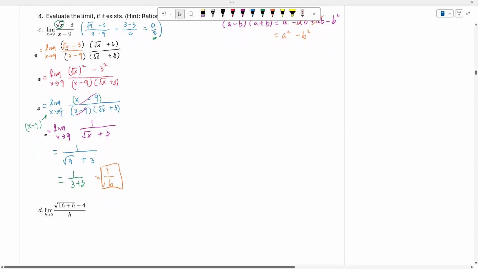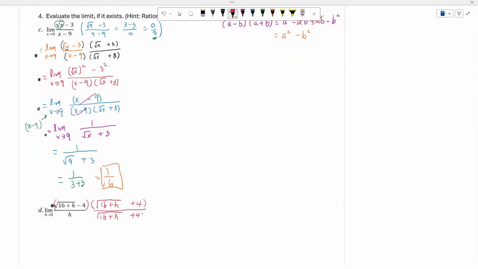Then D will be really similar to C. So in this case, again, you need to work with the conjugate pair. So the idea is you multiply top and bottom by square root of 16 plus h plus 4 divided by square root of 16 plus h plus 4.